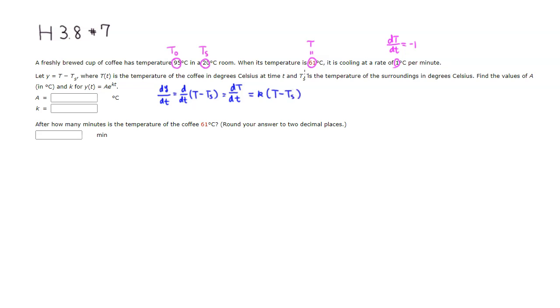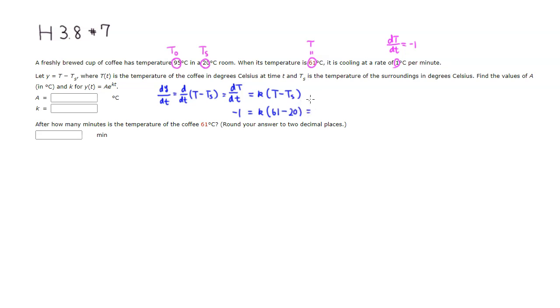All right, so let's use this equation to find the K value. The cooling rate is -1, so I'm going to put -1 for dT over dt, and K we don't know, right? When T is 61, we put 61 minus the temperature of the surroundings, 20.